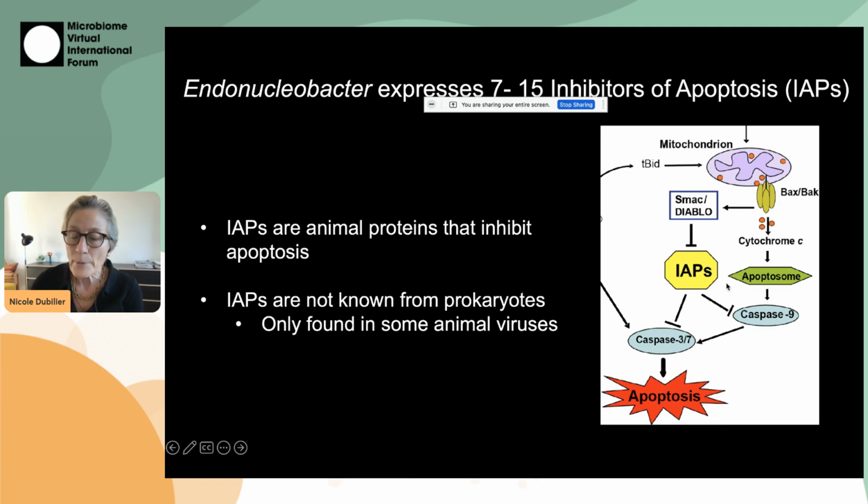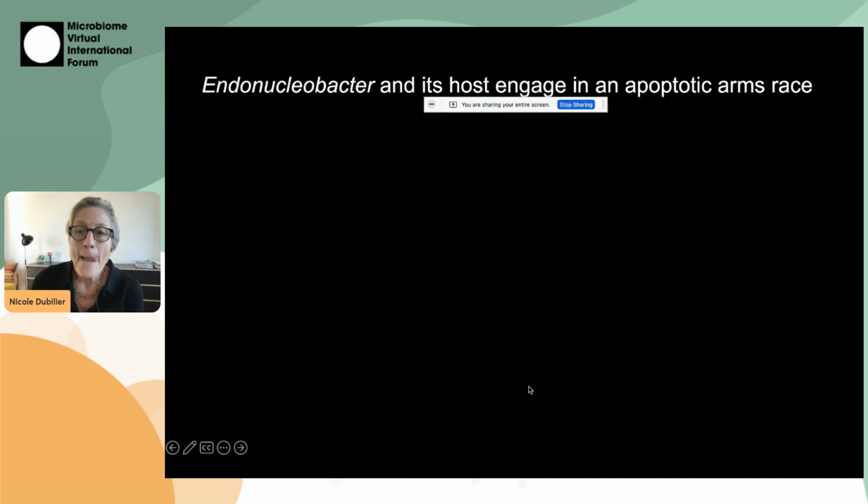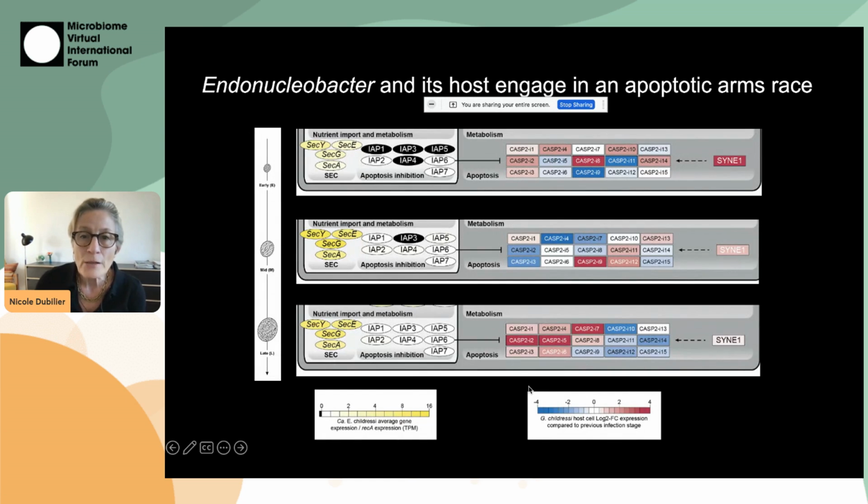What inhibitors of apoptosis do is exactly as the name suggests. They inhibit apoptosis. It's closely regulated in animal cells because obviously they don't want to start this cascade unless they have to. The inhibitors inhibit caspases, which initiate apoptosis. And so what we see is a real arms race between the pathogen and the host in initiating apoptosis.